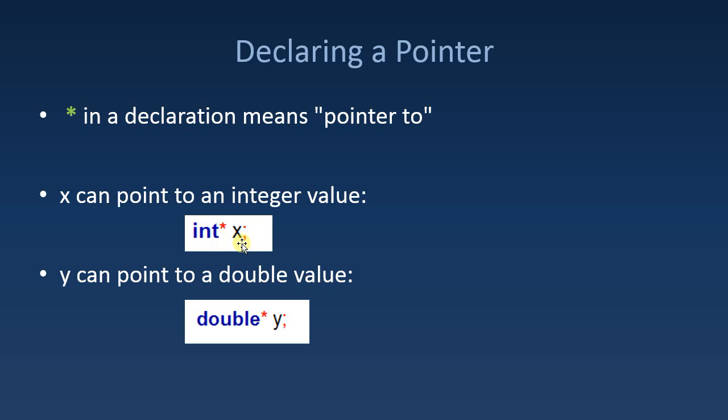It stores the address of an integer variable. A pointer always points to a particular type of information. Here y points to a double, so y would store a memory address for a floating point variable.